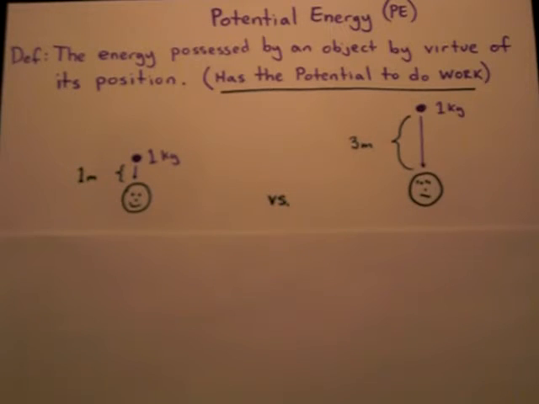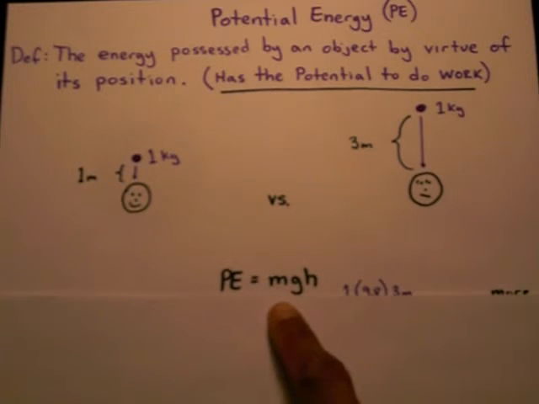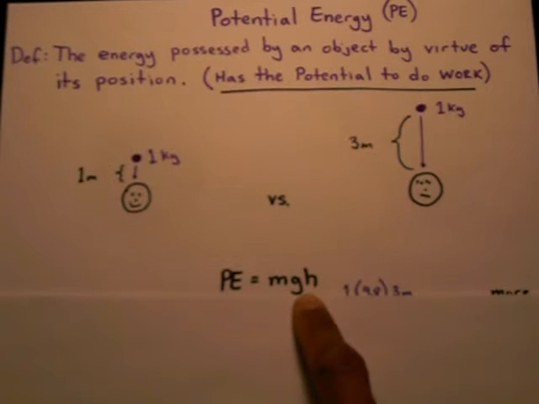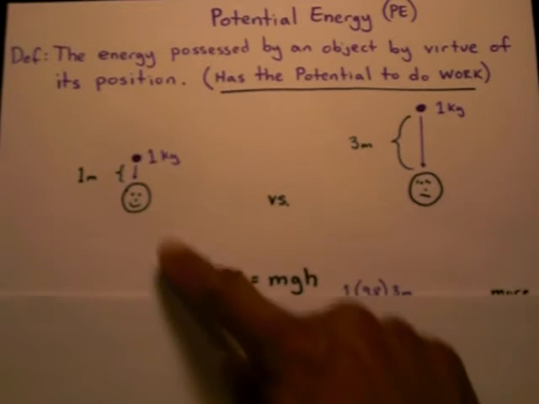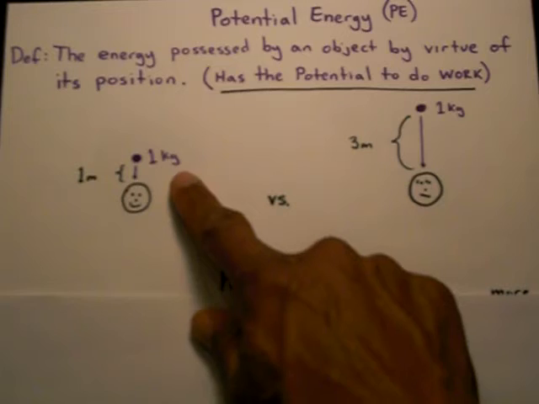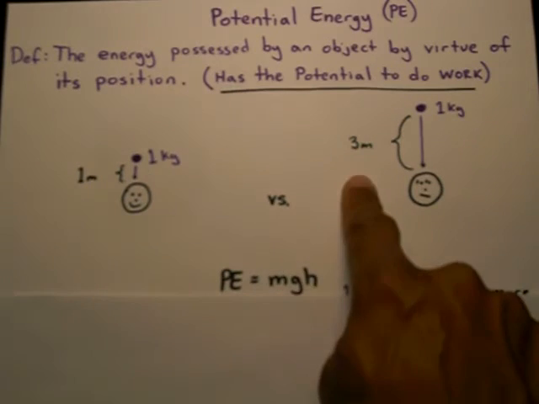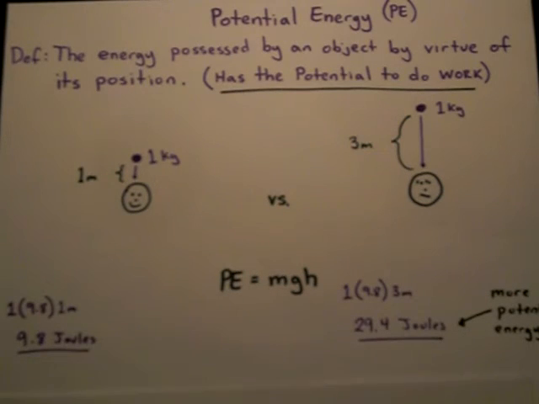So if we actually look at the formula for potential energy, we'll see that you are in fact correct. The formula for potential energy is PE equals mass times gravity times height. By doing the math here with our 1 kilogram object in both situations for heights, we can see that one definitely has more potential energy than the other.